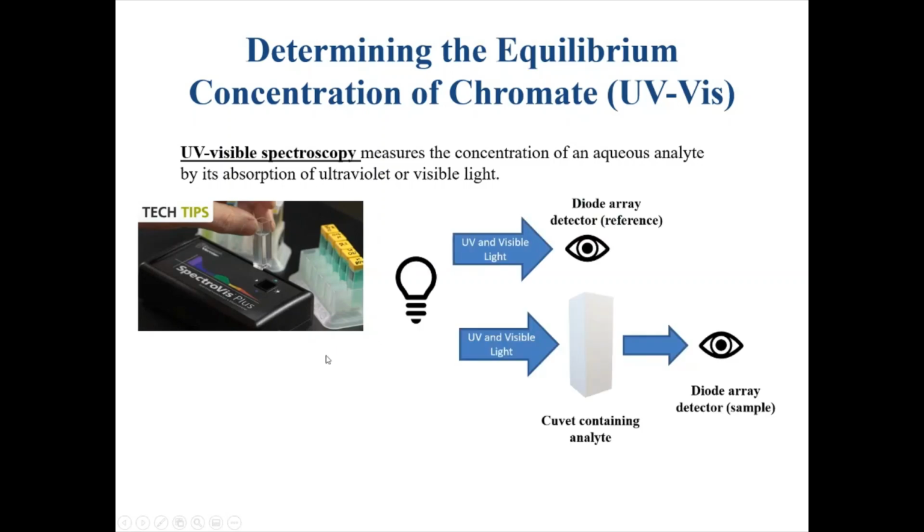So how does a UV-vis spectrometer work? Well, inside this box you have a light source, and this light source makes UV and visible light. And there are two light pathways through the box. One is the sample pathway, which is down here, and the other is the reference pathway, which is up here. We have a detector, a diode array, which is a whole series of diodes that can measure light at different wavelengths.